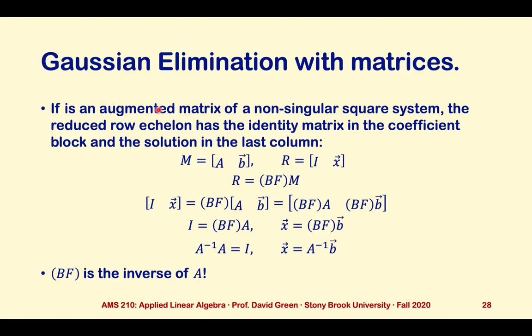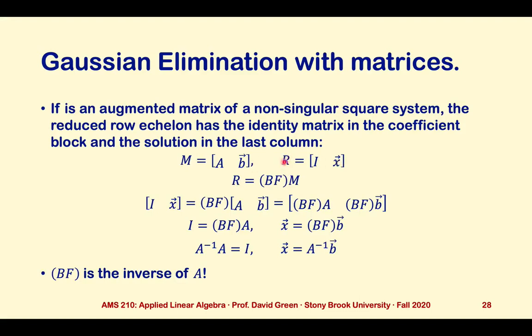Imagine that we were working with an augmented matrix of a non-singular square system. That is, M is [A, b]. Right? Well, we know a non-singular system, after we apply the Gaussian elimination, gives us a reduced row echelon form that has the identity in the coefficient block and the solution in the last column.